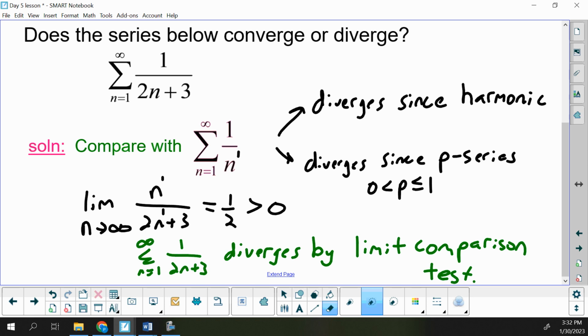If when you divide them, you do the limit as n goes to infinity, the limit equals a positive finite constant. The series that's not nice will do the same thing as the nice series. We showed the nice series diverged, so therefore our one we are actually trying to investigate will also diverge.